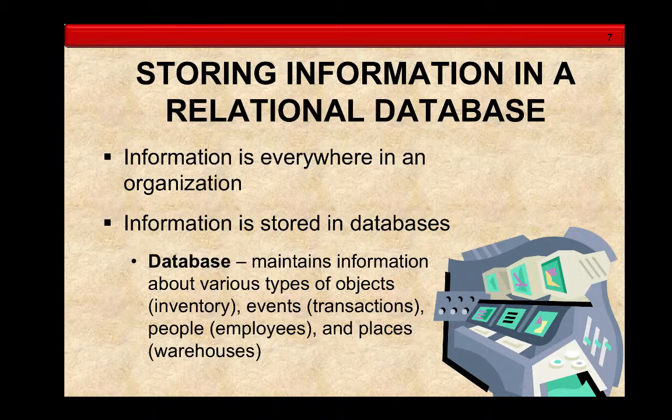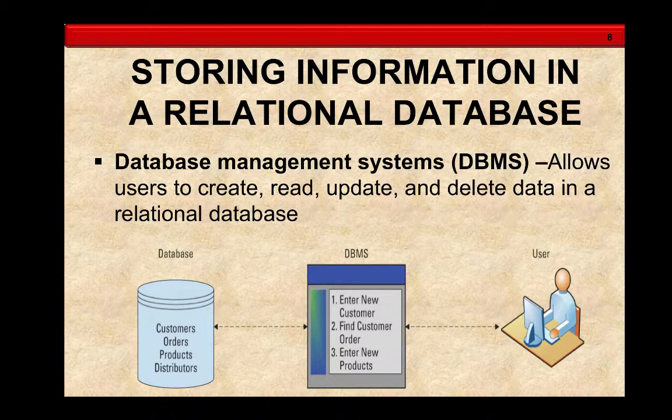The object can be the inventory. The event itself can be whatever the transaction is. And the people can be the employees that work for the company. And also the places in which these things occur could be considered the warehouses. That's a nice, interesting take on databases.